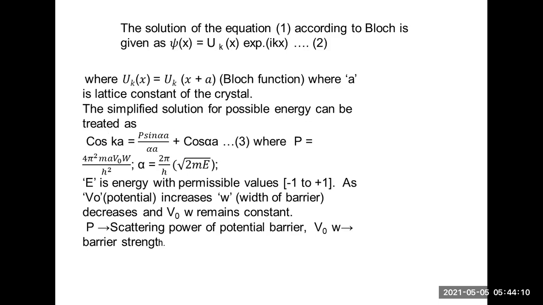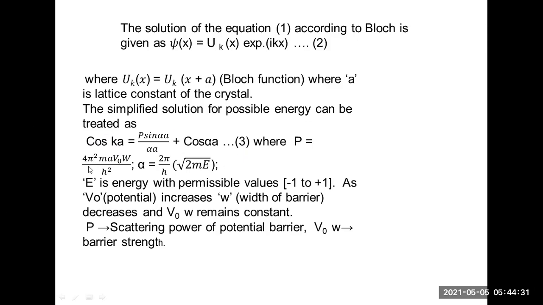Since you are studying physics, we just take the help of the equation we get by applying different mathematical operations, that is, cos k a is equal to P sin alpha a by alpha a plus cos alpha a. So what is this value of P?